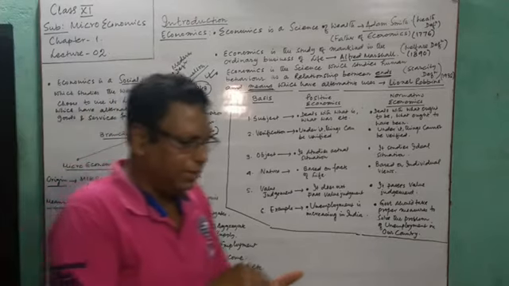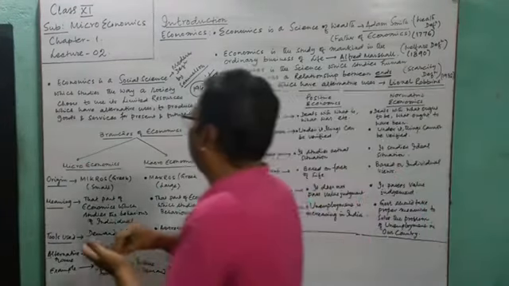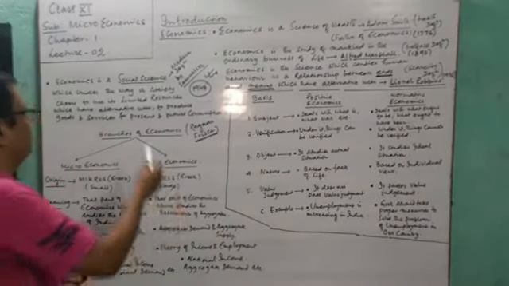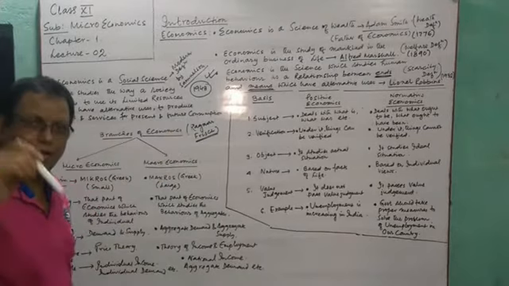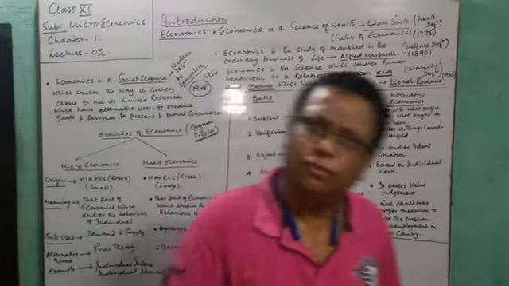So the economy is having limited resources and is using them to produce goods and services so that it can meet the current consumption demand of the economy as well as the future consumption demand.